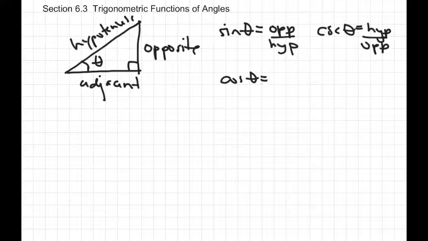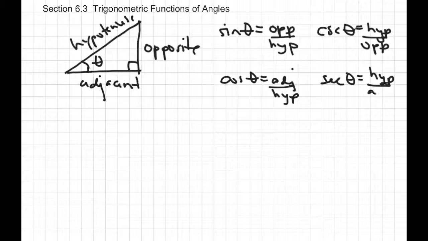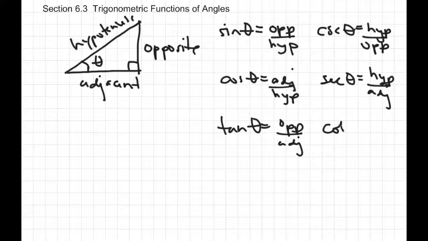Cosine is adjacent over hypotenuse, so secant is hypotenuse over adjacent. And tangent was opposite over adjacent, so cotangent is adjacent over opposite.